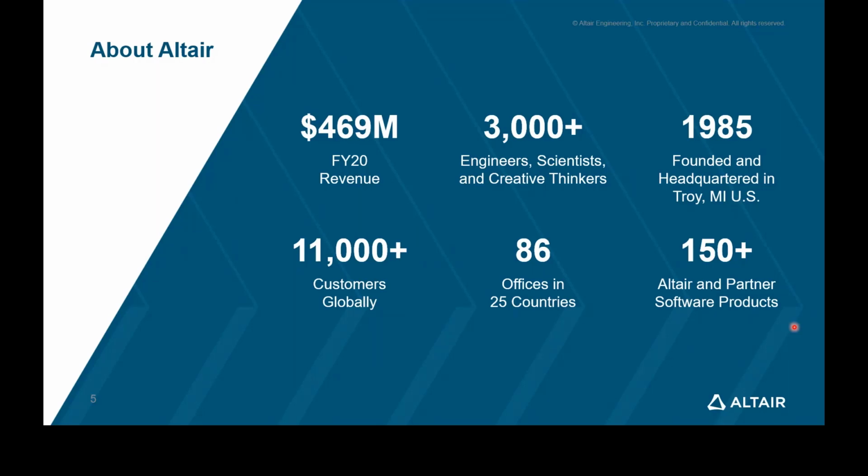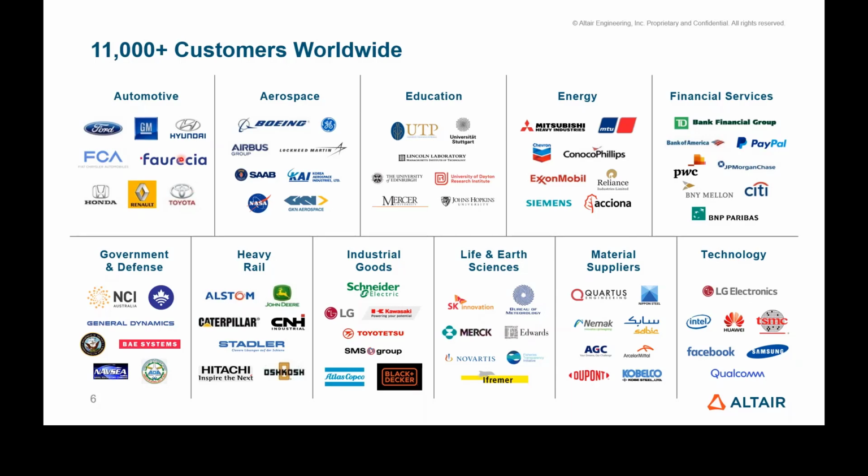In terms of customers, in any area of engineering you can take, automotive, aerospace, education, energy, and all these things, you find the biggest names as Altair customers. So we are across the world, across the industry verticals with our products.